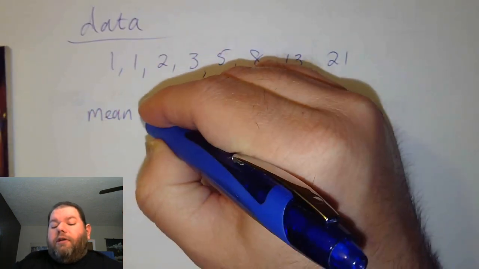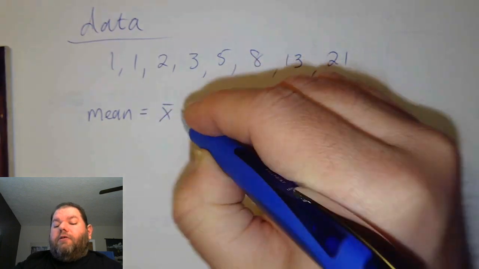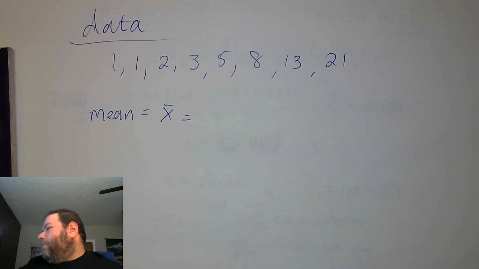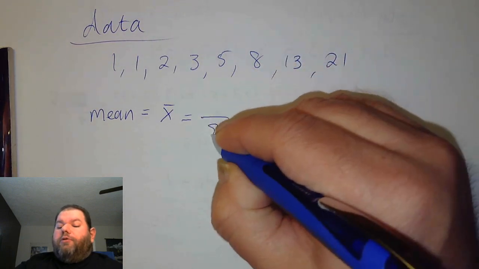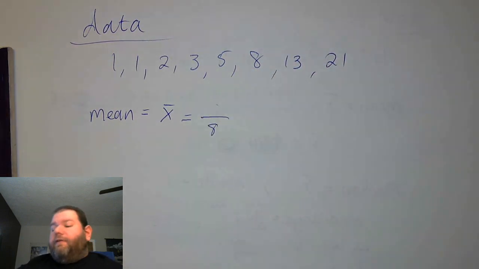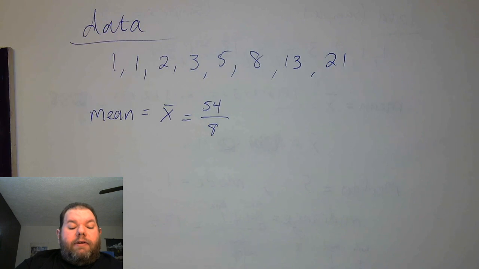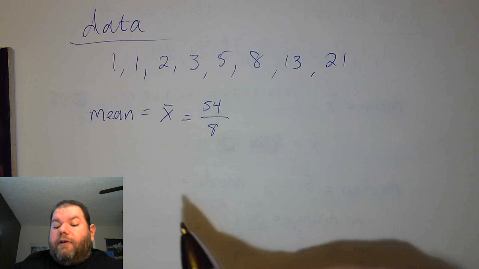What is our mean in this case? Well, we know we have 8 data values. What's the sum of these values? 54, good. So if we just take 54 divided by 8, that gives us 6.25.